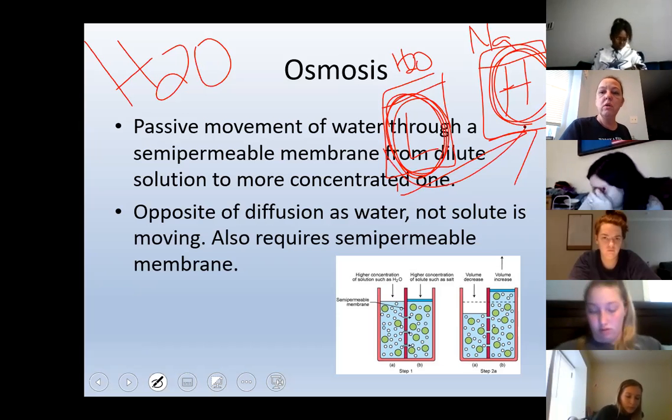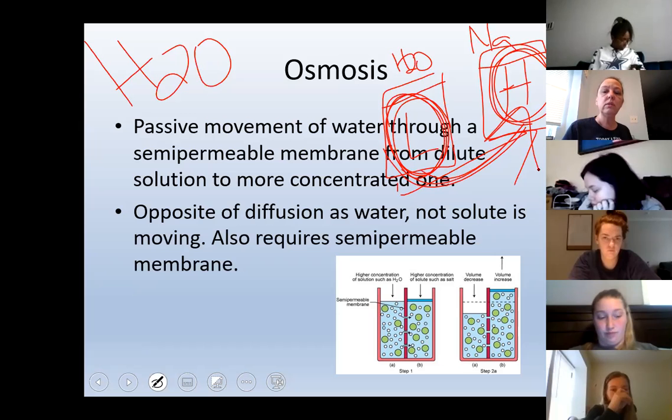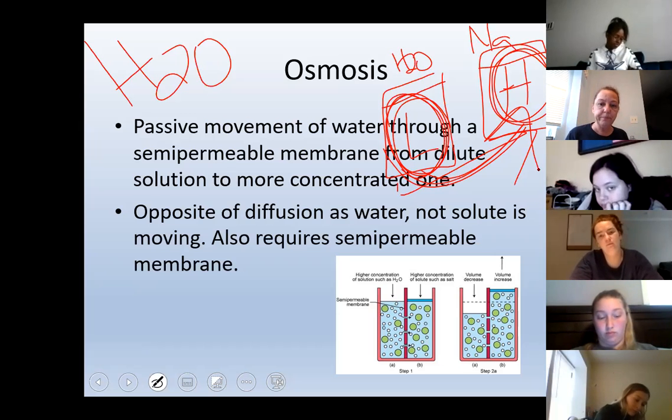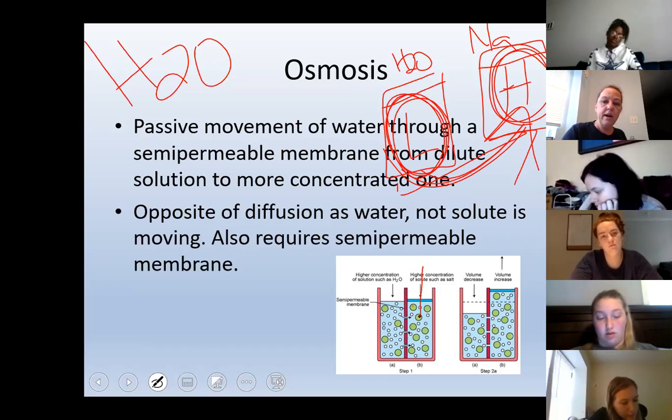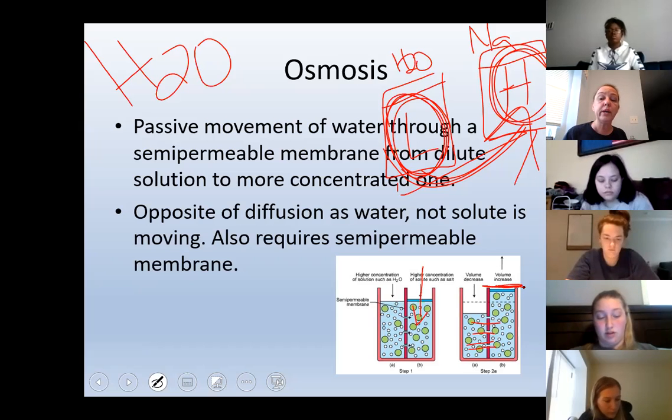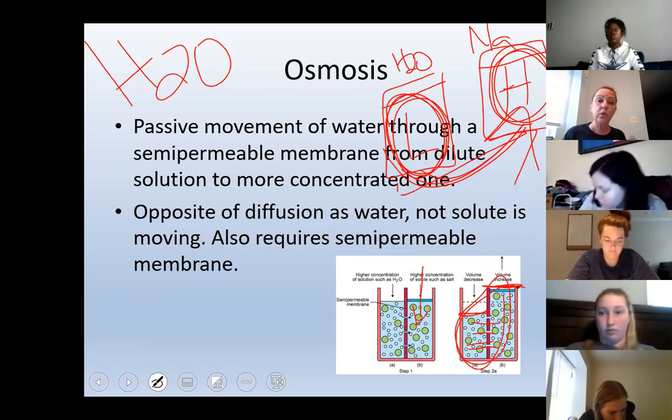And I'm going to pour the water into the salt, and I'm going to make them both now the same concentration. So you can see here, I have a higher concentration. And as I move my water over, yes, the volume does also increase. The volume here will decrease, but now the concentration is the same between the two.